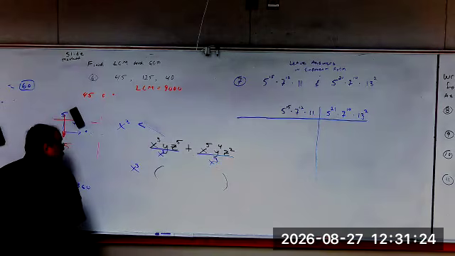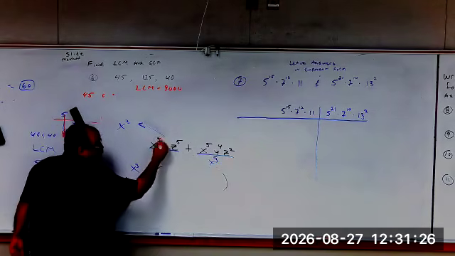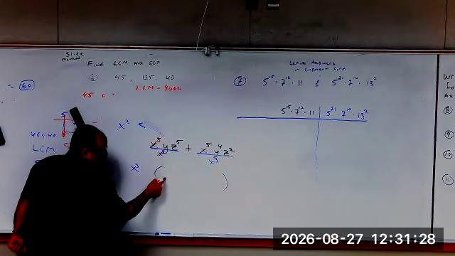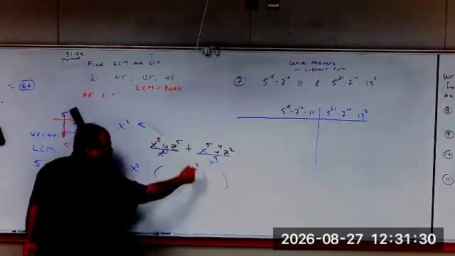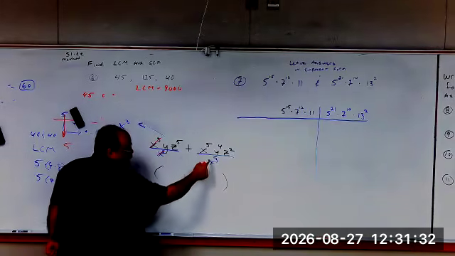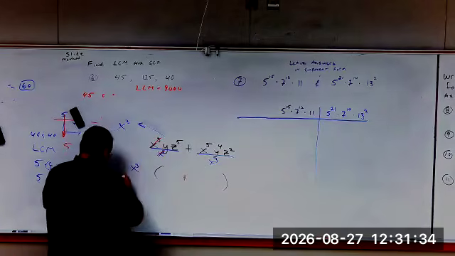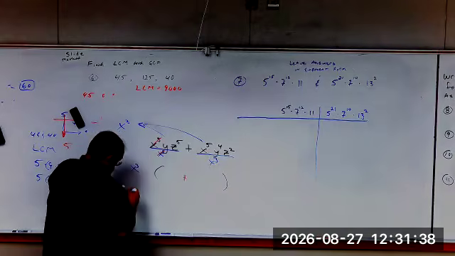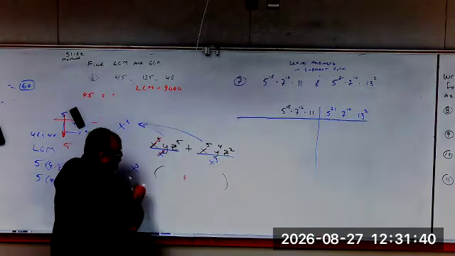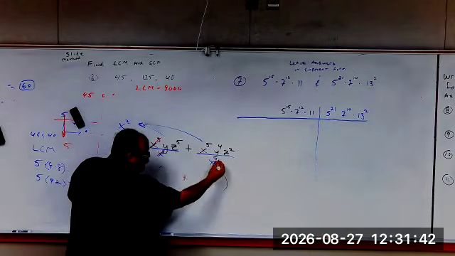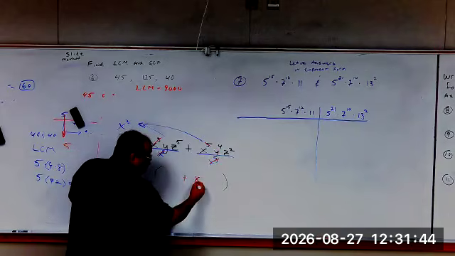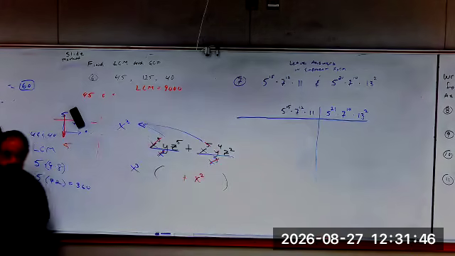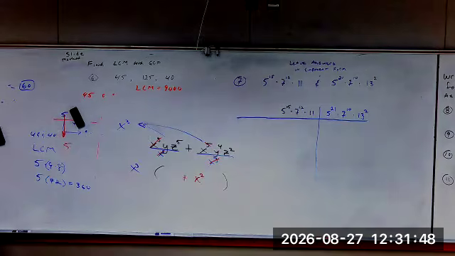So when that x to the third divides out, in the first term, no more x's. In the second term, x to the fifth divided by x to the third is going to leave an x to the second. You subtract the exponents.